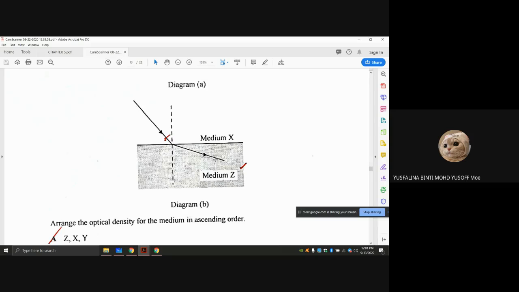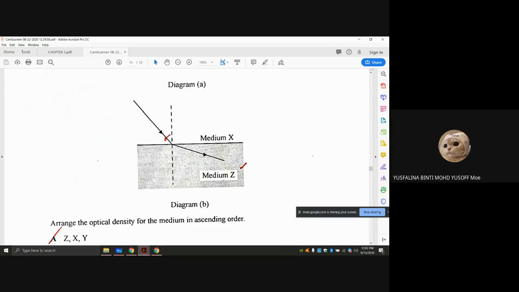It asks you to arrange the optical density of the media in ascending order, from the lowest to the highest. The lowest density is Z, because it refracted away.